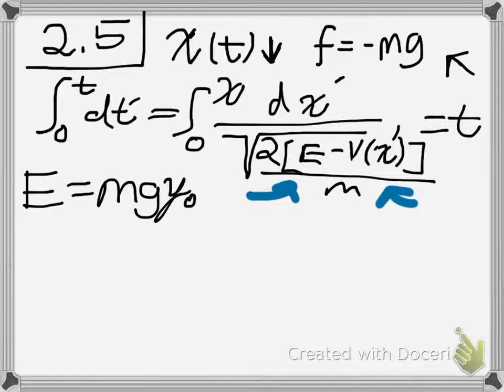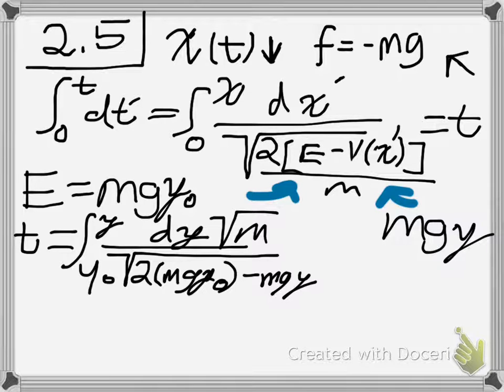So mgy naught, its initial position. And the potential energy it has at any moment would just be mg in our current y. So I need to substitute mgy naught and mgy into those places. Let's see what I end up with.